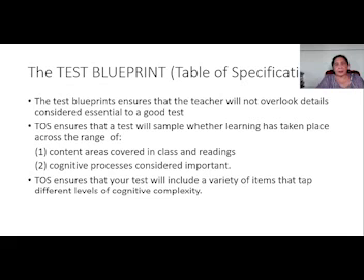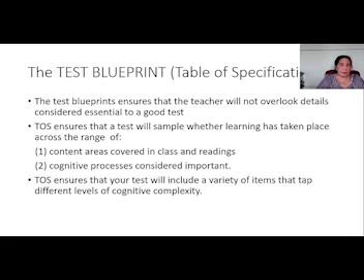And cognitive process. Ano itong cognitive processes? Knowledge, comprehension, etc. Considered important. And TOS ensures that your test will include a variety of items that tap different levels of cognitive complexity. Okay?